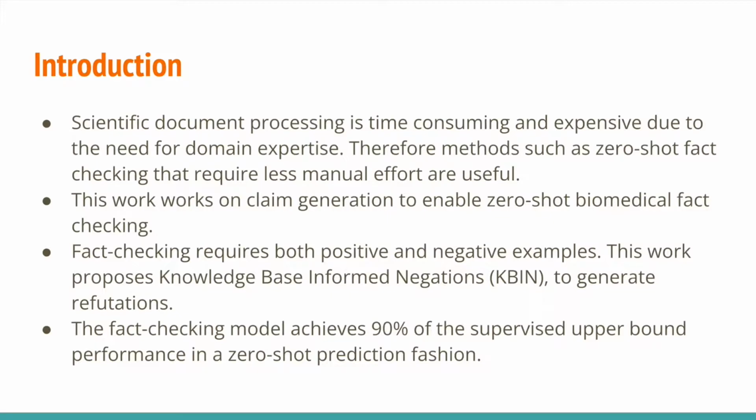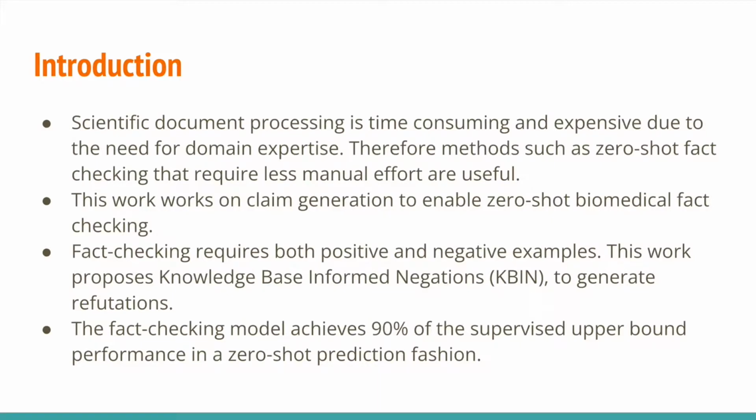One of the big challenges for fact-checking is to generate negative examples, because fact-checking is essentially answering yes or no, whether a claim is factual or not, given some evidence.